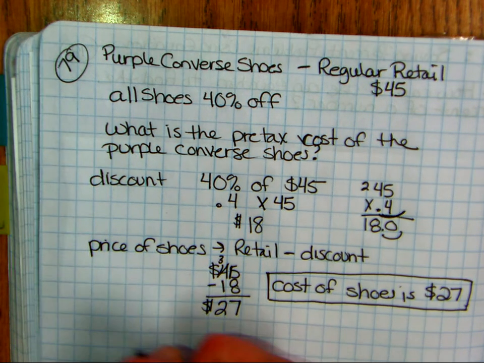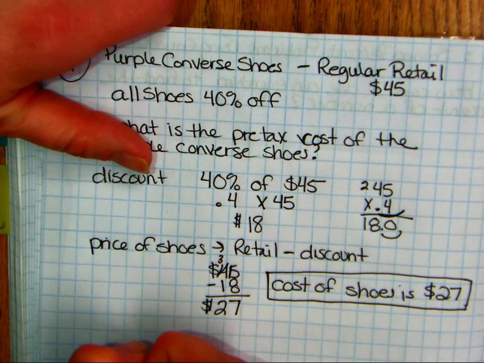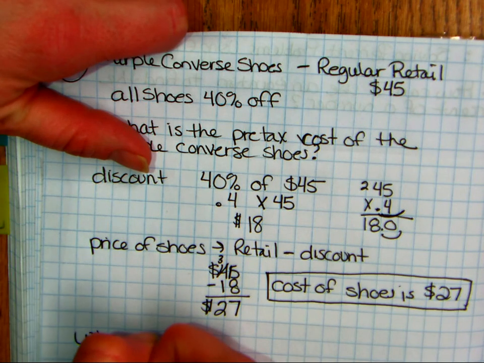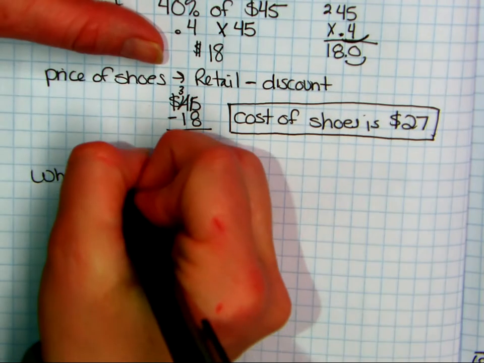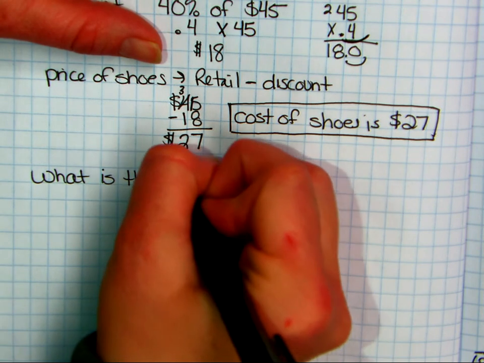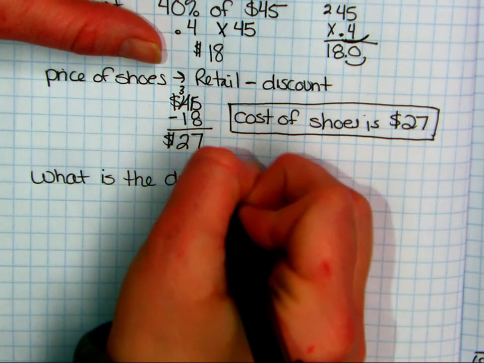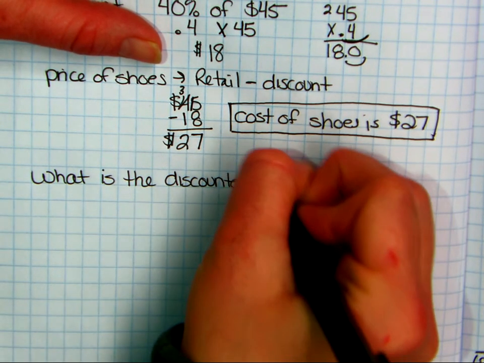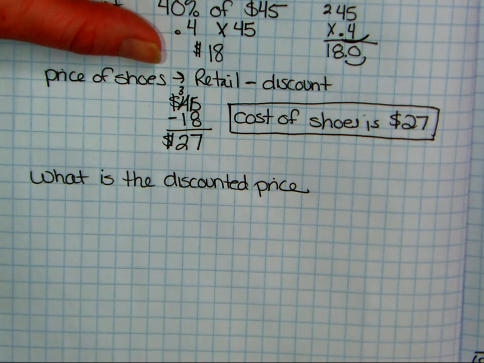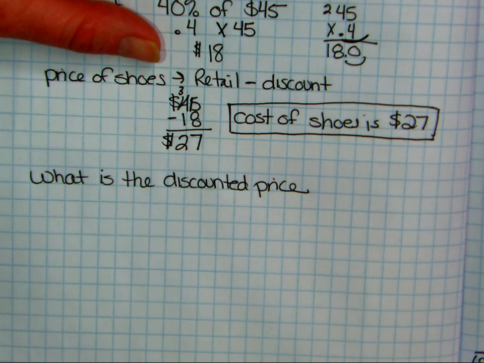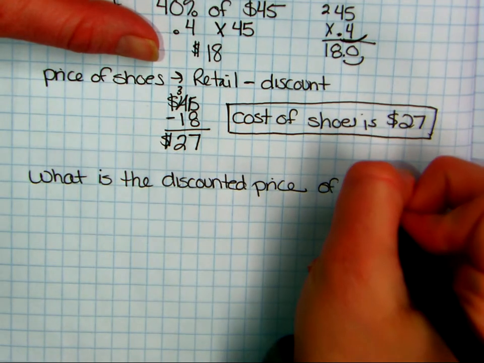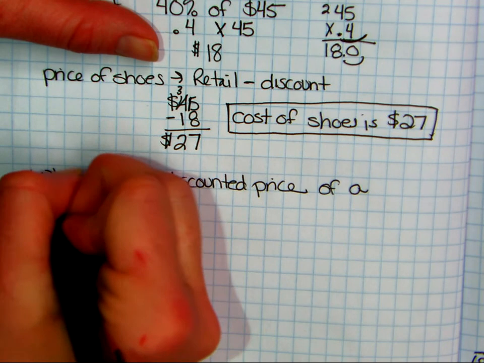Okay? On this one, I want you to do this on your own. Write it down. What is the discounted price of a pair of shoes?